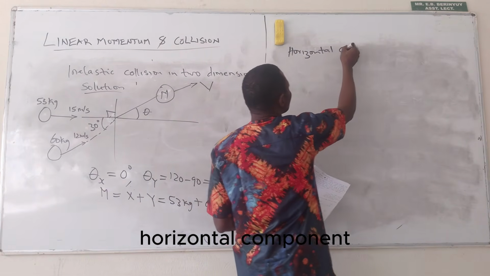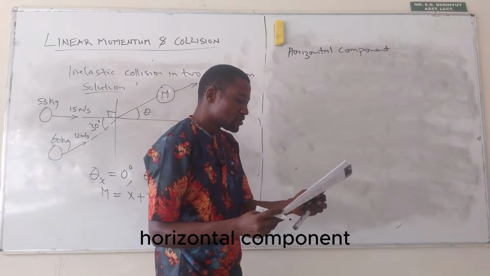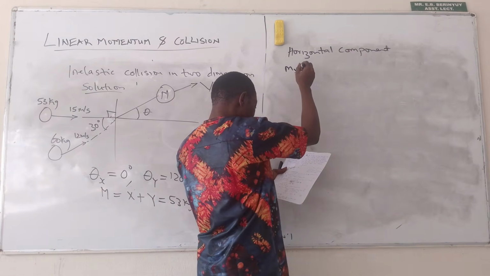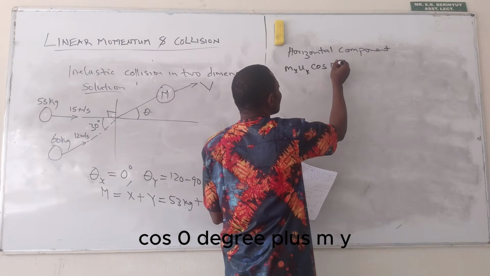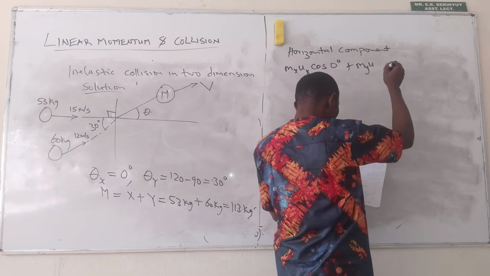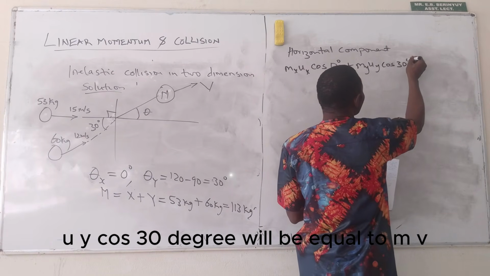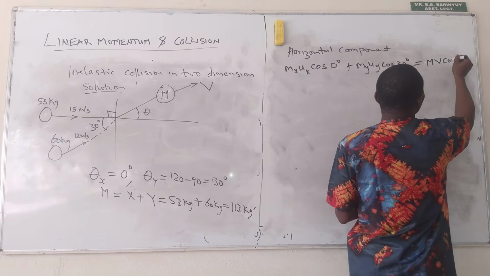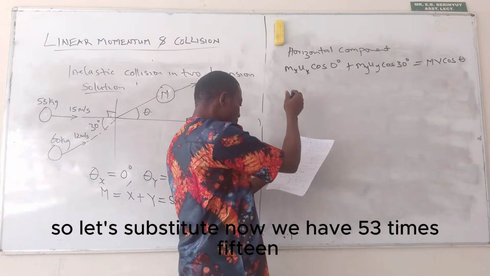So the next thing now is to resolve into horizontal component. If we resolve into horizontal component, we have mx ux cos 0 degree plus my uy cos 30 degree will be equal to mv cos theta. So let's substitute now.